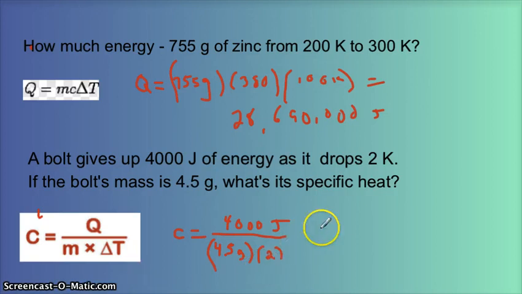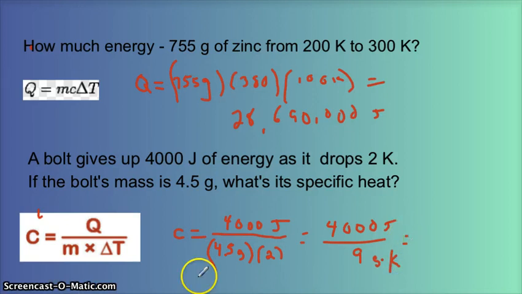So we have 4,000 over, let's see, 2 times 4.5, that would have to be 9. You got joules here. You got grams times Kelvin here.